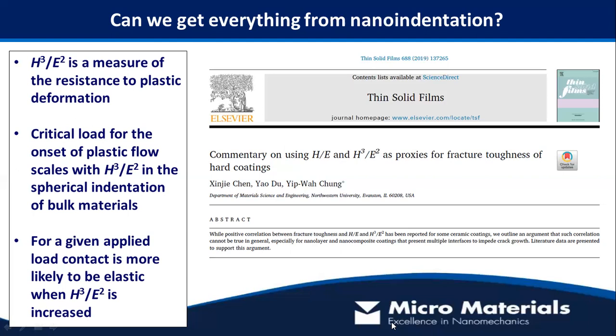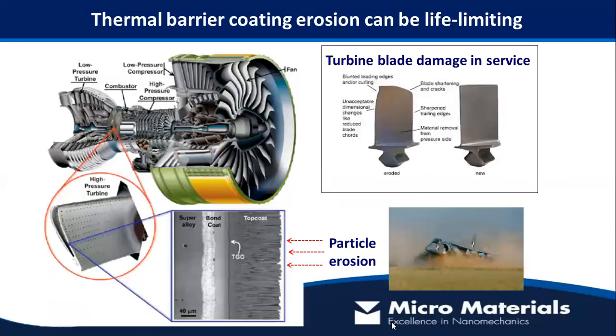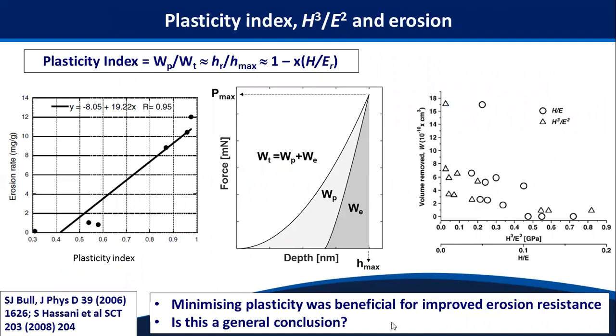It can also be thought of a little bit like a load carrying capacity parameter. Another very useful related index is the plasticity index for indentation, which is the plastic work done divided by the total work done. And this is inversely correlated with the ratio of hardness to elastic modulus, as shown in this equation here.